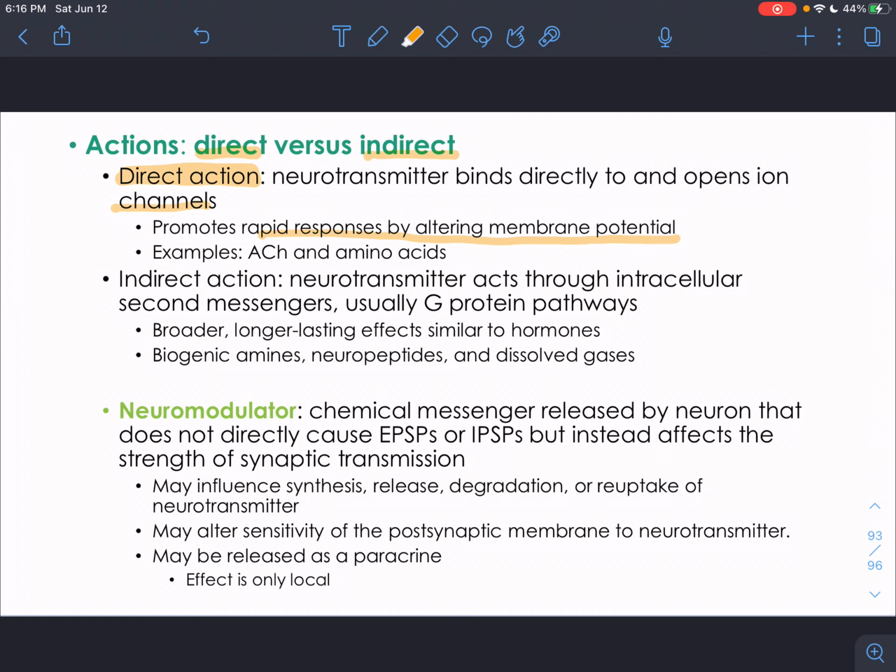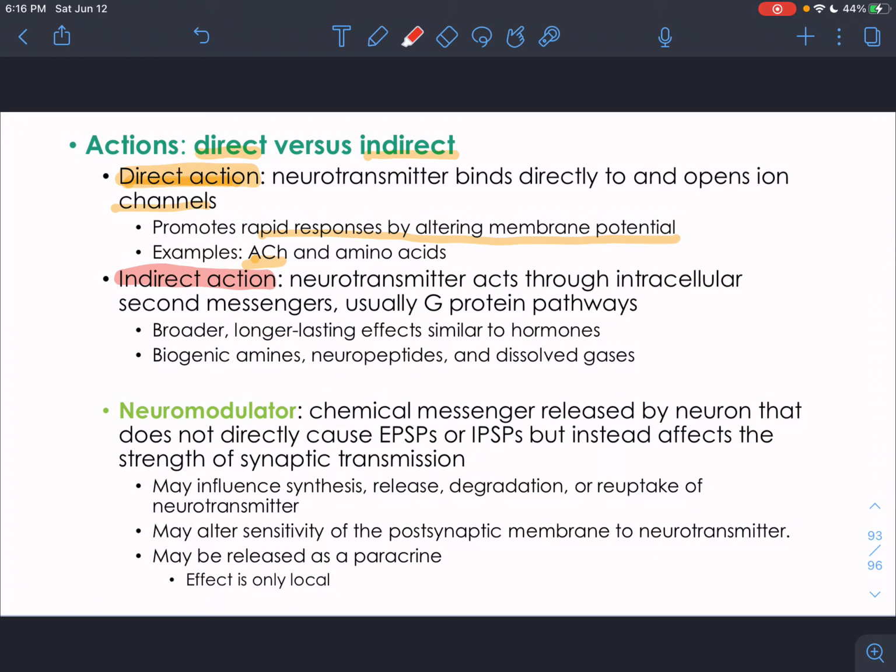Okay, so this is what we've been talking about in all of our examples. So when we have acetylcholine binding at the neuromuscular junction, it's directly opening that ion channel, so it's going to have a direct action.